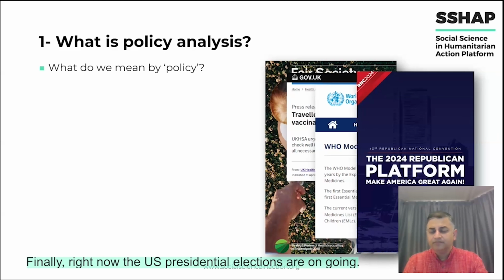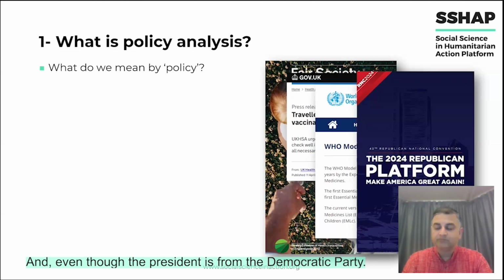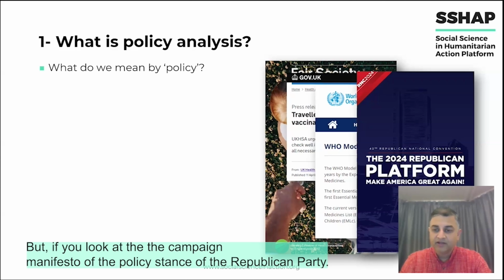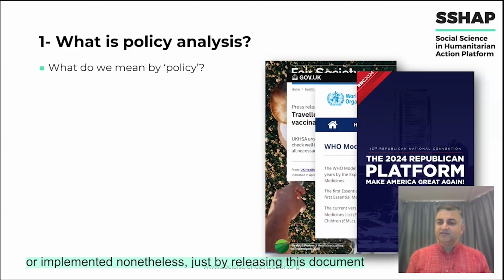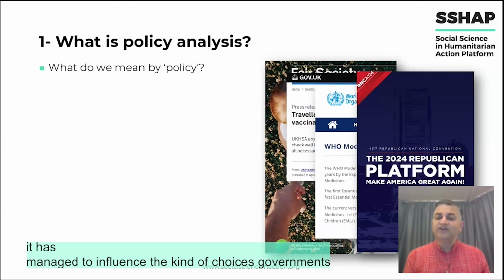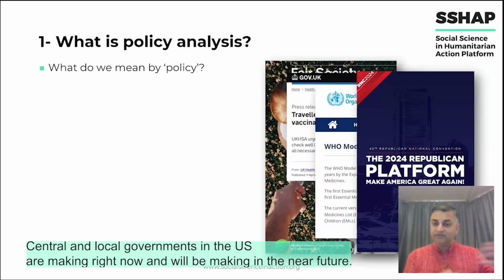Finally, right now the US presidential elections are ongoing, and even though the president is from the Democratic Party, if you look at the campaign manifesto or the policy stance of the Republican Party, even though it does not have any teeth for it to be enforced or implemented, nonetheless, just by releasing this document, it has managed to influence the kind of choices federal and local governments in the US are making right now and will be making in the near future.